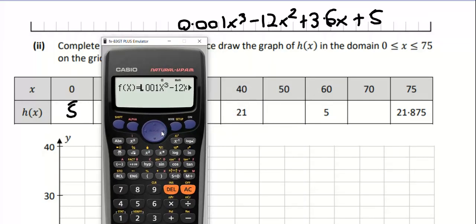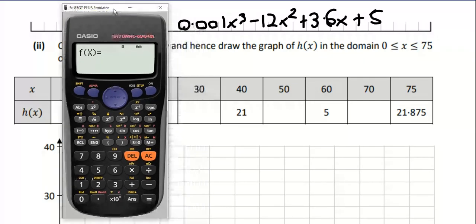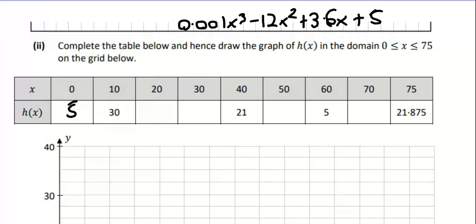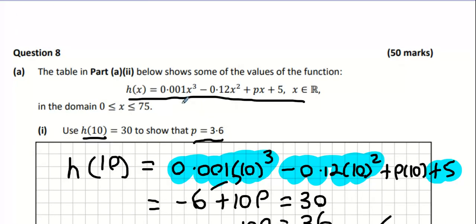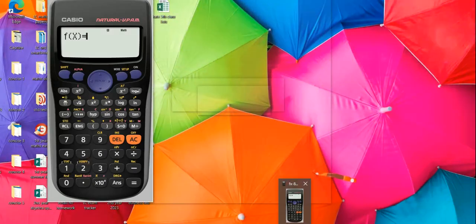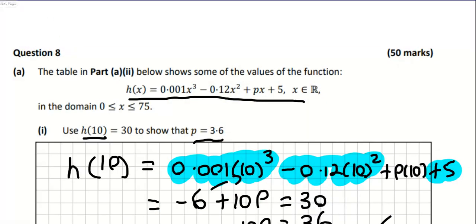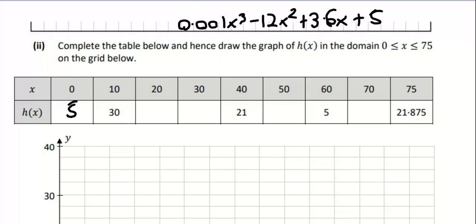Which I just did. Did I start off at 0? I'll enter it in one more time. 0.001 minus 0.12x squared, 3.6x. It's not 12. It shows you taking down the formula wrong can really sting you.